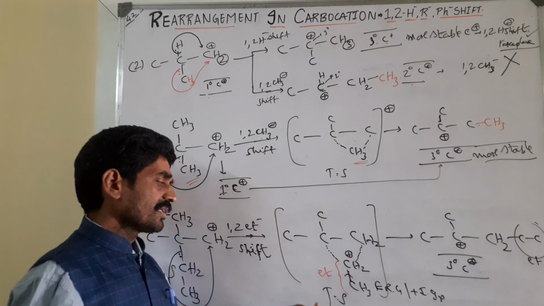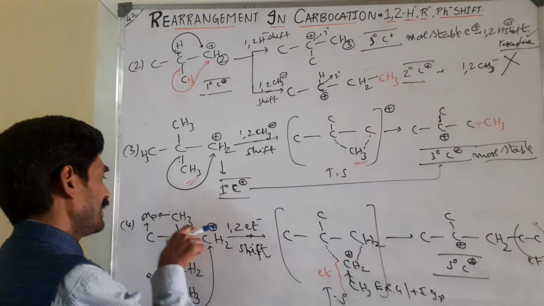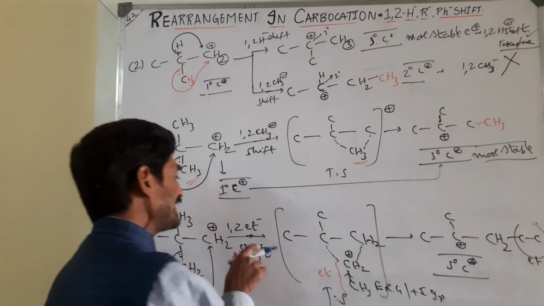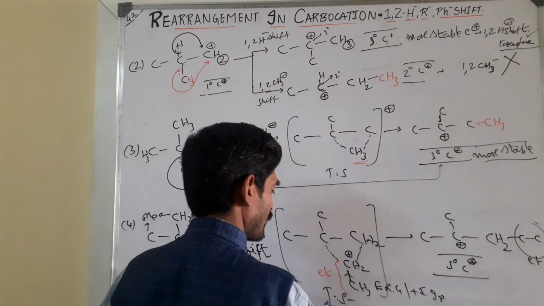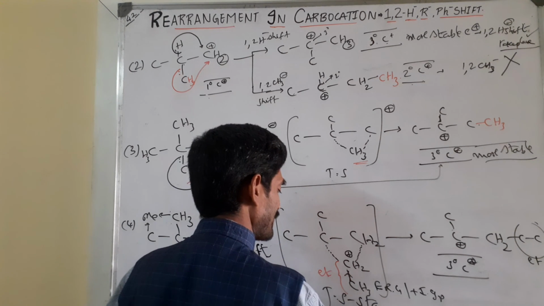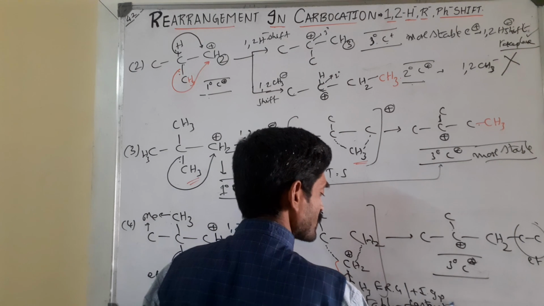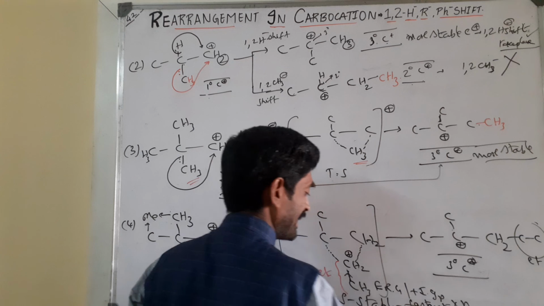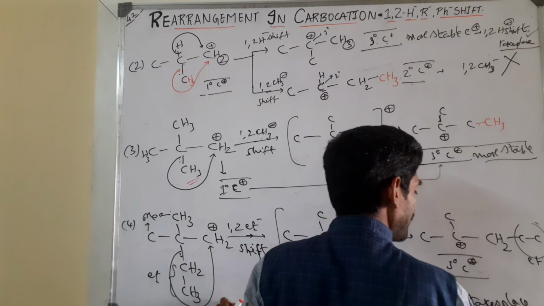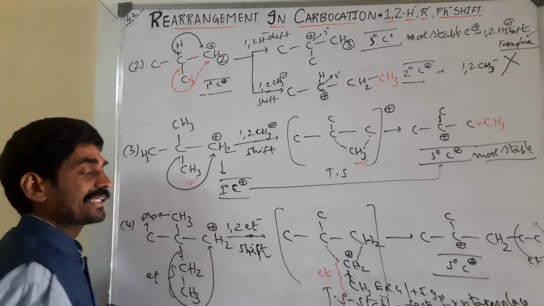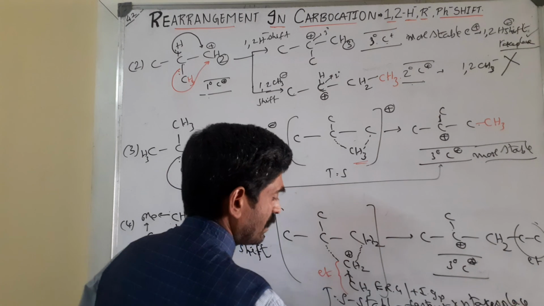So that's why instead of methyl shifting, ethyl shift takes place. This is called an ethyl shift. You get a stable transitional state, which makes the reaction faster. So ethyl shifting gives a more stable transition state, and from that you get the more stable product.